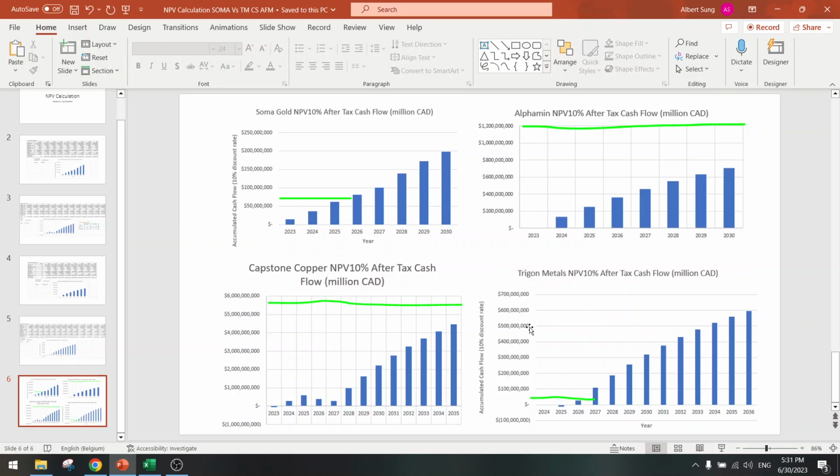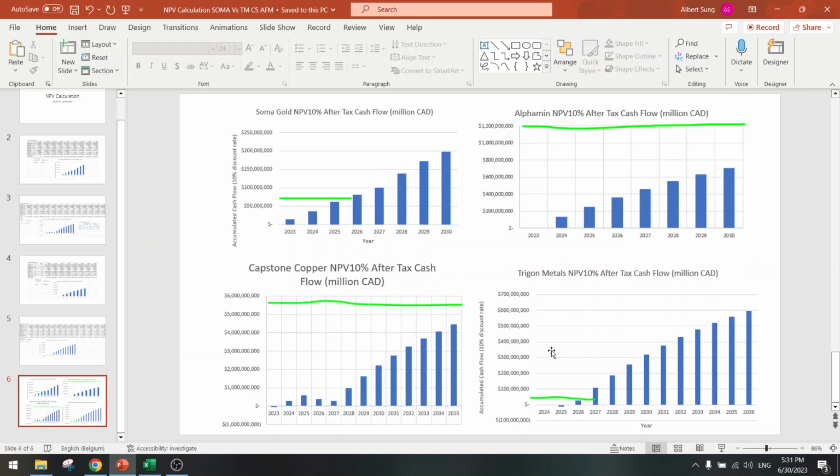Then we have Trigon Metals. The good thing here is that they are financed, okay? Financed for production in 2025. So that's where the big cash flow starts coming in. And then they can build the second phase for 2026. And then it will start skyrocketing like this. And we're only at an enterprise value of 40 million here, which is even better than Soma Gold.